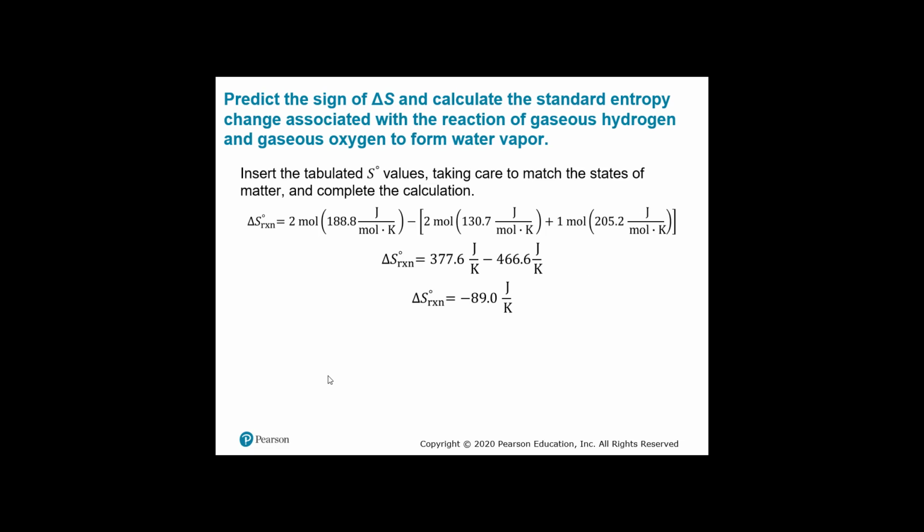And now simply pulling up the chart at the beginning that you could pull this information out of, we plug in those values and just do the math on it. The change in entropy is negative 89.0 joules per Kelvin. This matches what we expected. There should be a decrease in entropy because of the moles going down, and that negative indicates that.